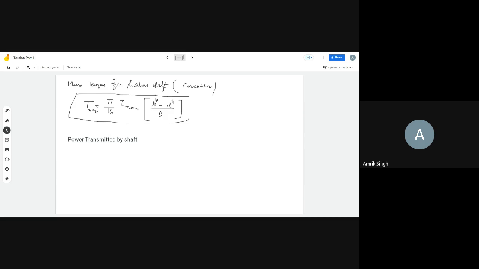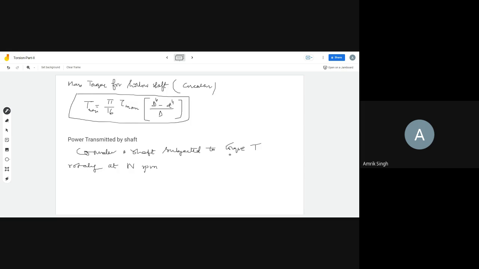Consider a shaft subjected to torque T, rotating at N RPM, that is N rounds per minute.